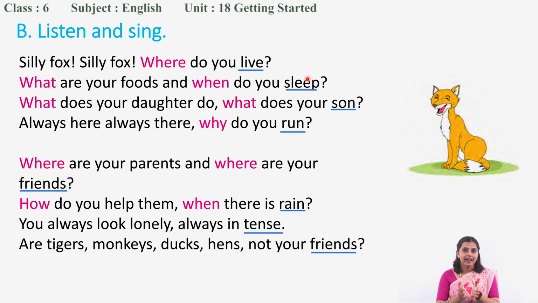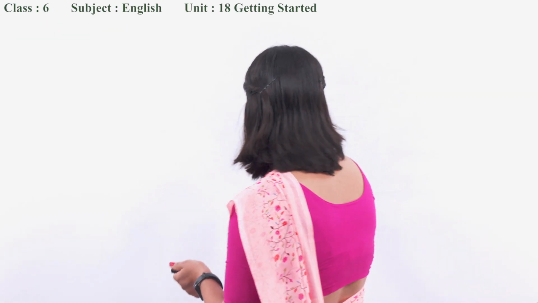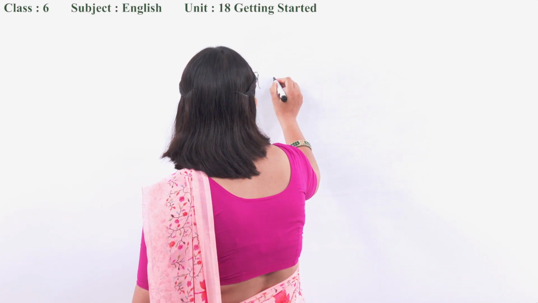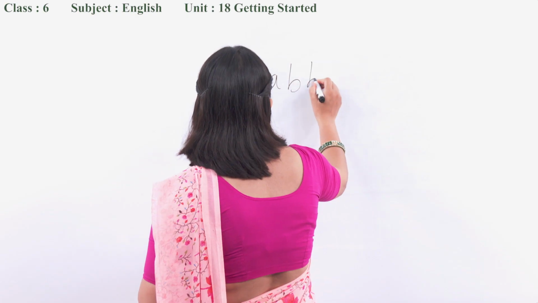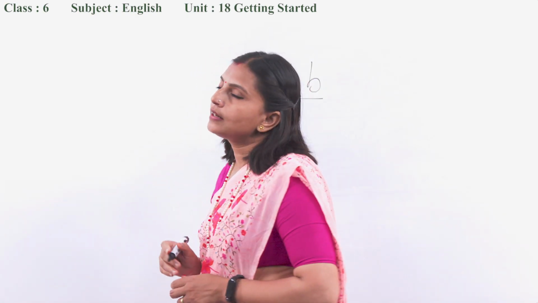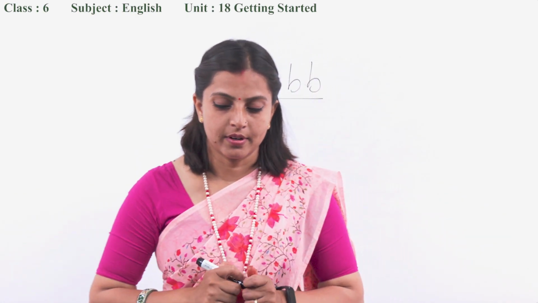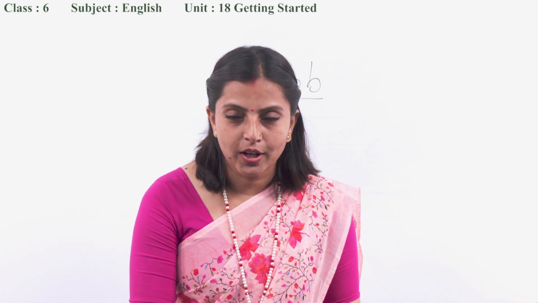Okay, it is AABB. Leave, sleep, AA; sun, run, BB. So the rhyming scheme of the poem is AABB. All right, so that's all.